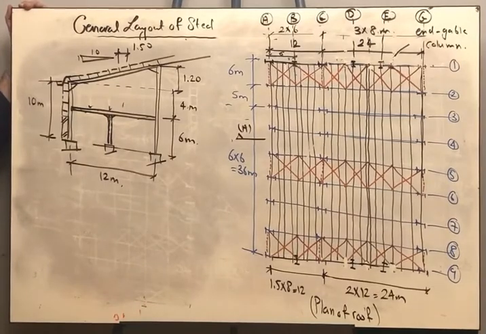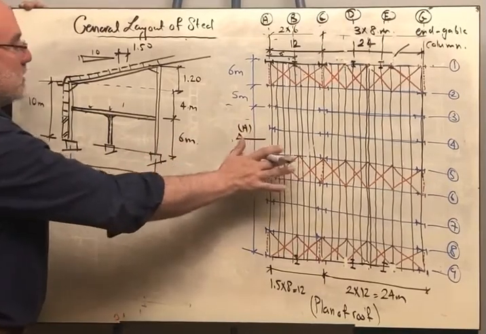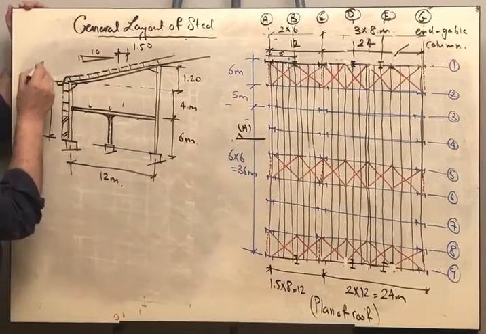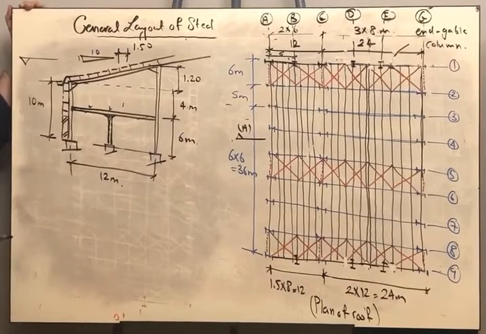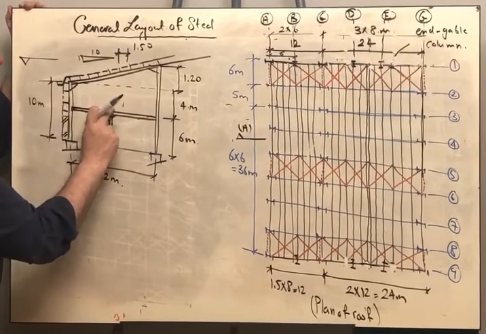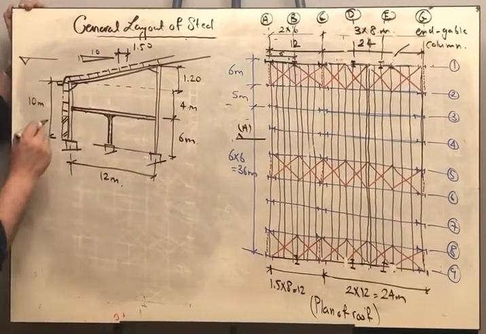Okay? But we are going to keep the roof as it is. We are not going to change the roof. Because as if you are taking a section here, so you are not going to see this column. Okay? Now, how is this system supported?